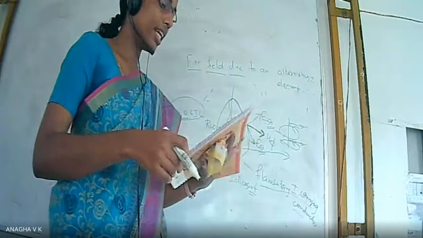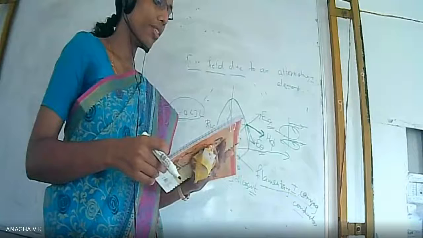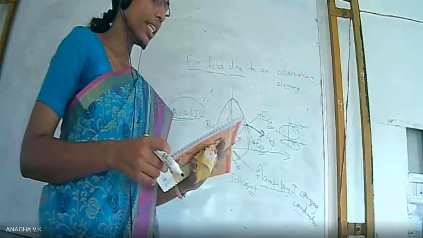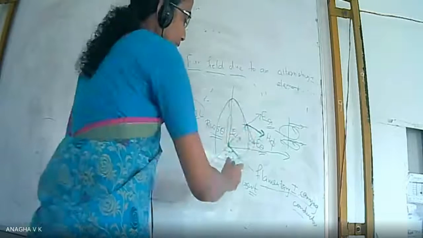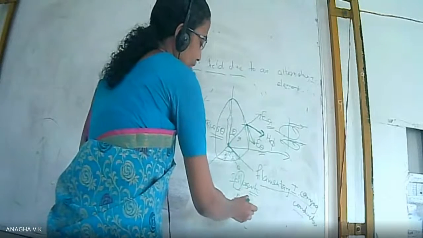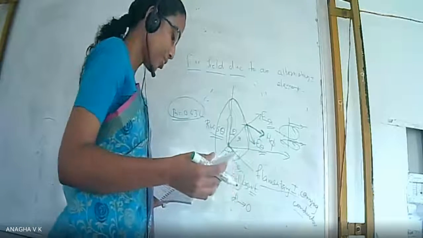Next, it is saying that a time varying current I is flowing in a very short and very thin wire of length dl in the said direction, where dl tends to 0. This dl tends to 0 means it is very short or very thin in dimension.